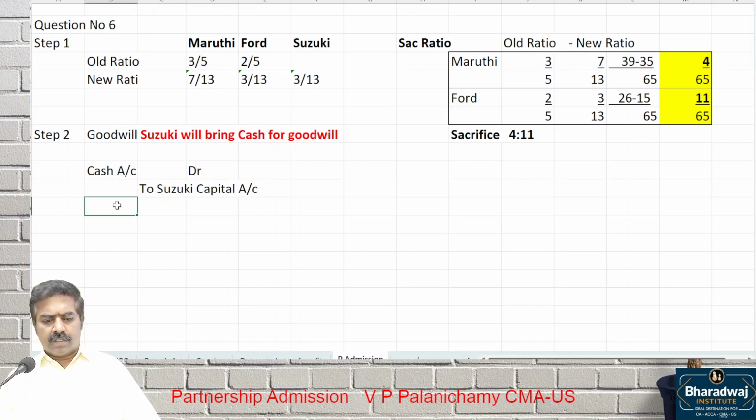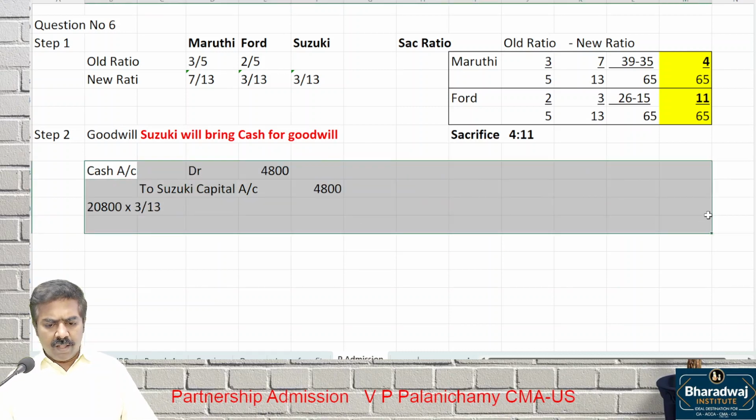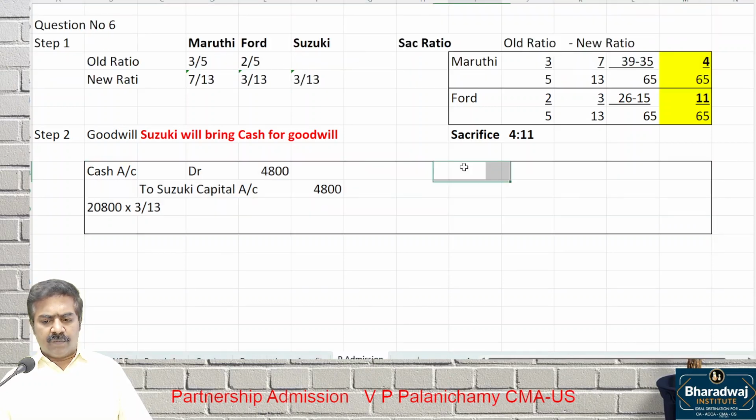How much? What is the total goodwill? 20,800 is the firm's goodwill. What is Suzuki's share? 3 by 13 he will bring. 4,800 brought in. This will be adjusted to the other partners in which ratio? Sacrificing ratio.